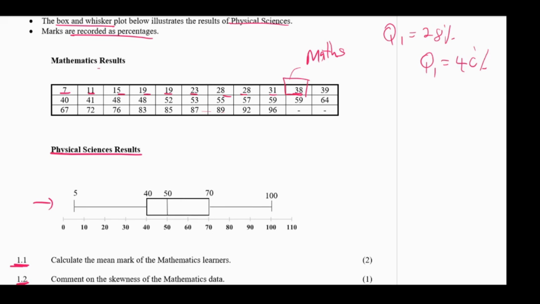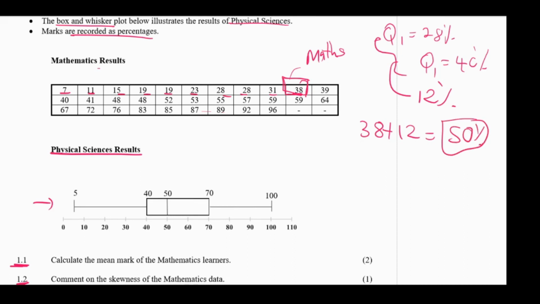The difference between these two is 12%. If we add 12% to this 38, 38 plus 12 is going to give us 50. So we can assume that the learner got 50%, or someone can assume any number between just above 38 and 50. I will just take the final answer to be 50%.